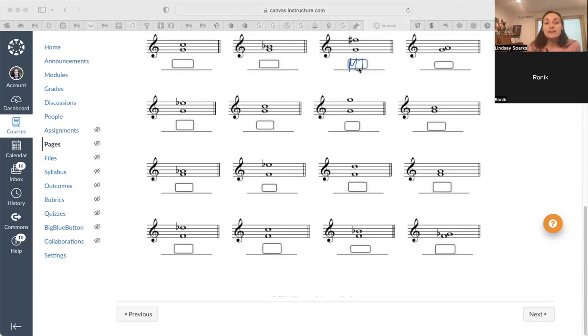And you're right, about your original question about the minor mode, you can have sharps in a minor mode. It's not frequent, but it does happen.